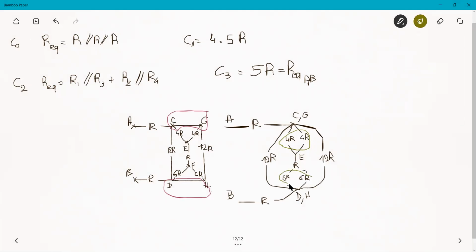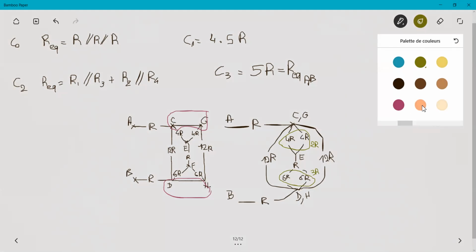These two are in parallel. So this makes 2R. This makes 3R. Then, change color.